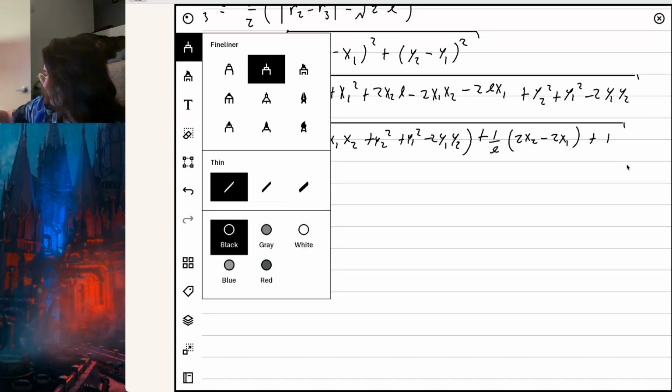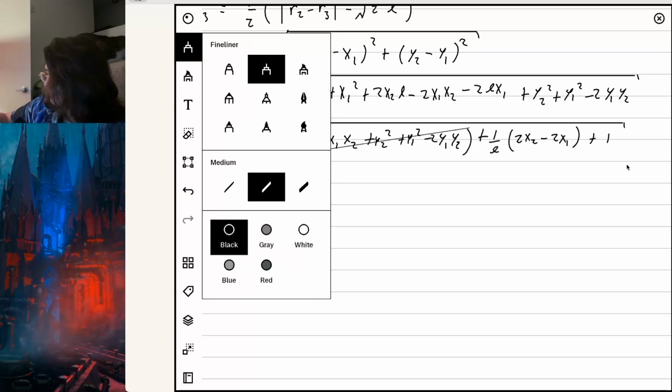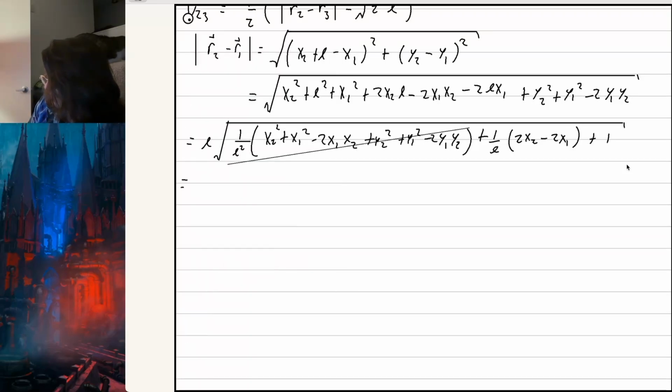We get to say, I don't care about any of that. And so the radicand simplifies by a lot into just L times that stuff from before: 2x1 minus 2x2, backwards, 2x2 minus 2x1 plus 1. Awesome.